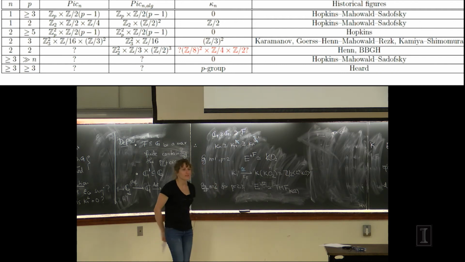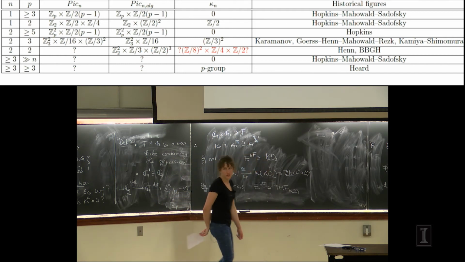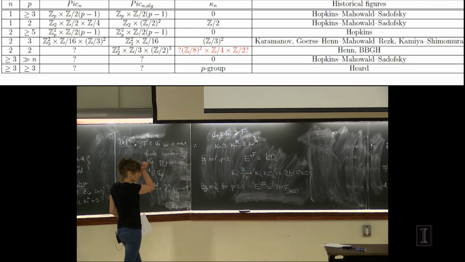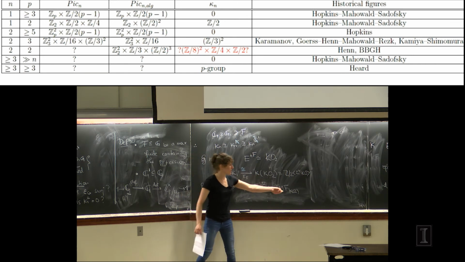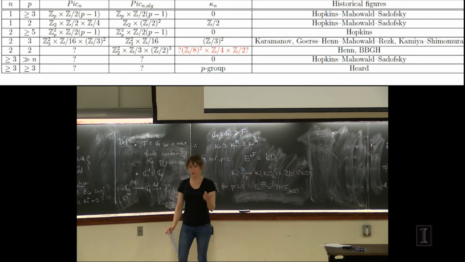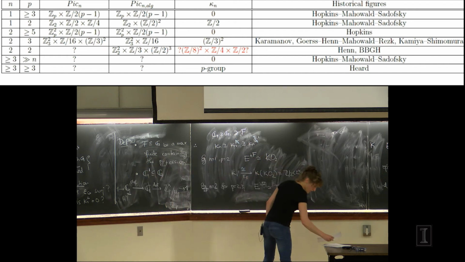Okay? So TMF is like the height 2 version of KO. Okay? So that's what you're picking up. So the question is, if you take an element of the Picard group and smash it with TMF, do you detect it or do you not see it? Okay. So let's do the prime 3.